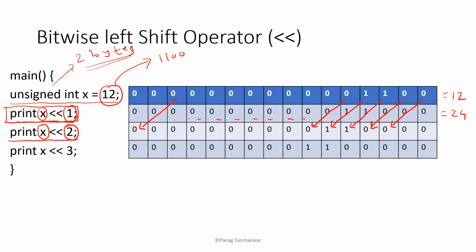Each bit is shifted left by 2 positions. Then we will have 2 vacant positions over here, and those vacant positions are always filled by 0. We get a new binary value, and if you convert this binary value to decimal, it will be 48.